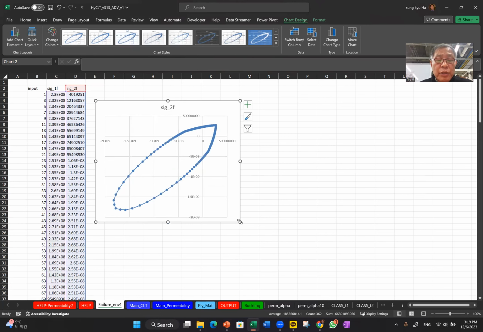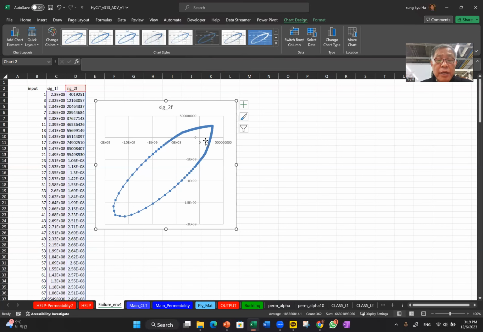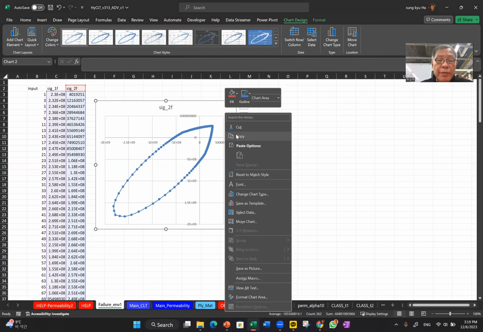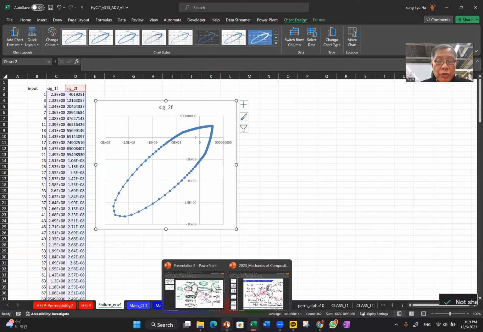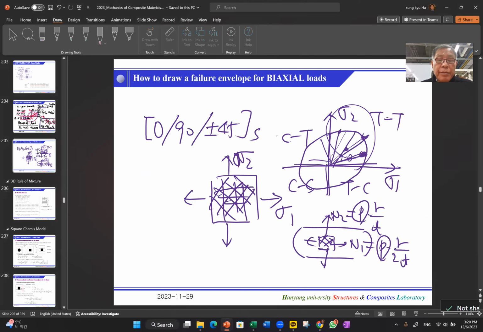And to better understand this failure envelope, it is always recommended that the x-axis this much scale, and then the y-axis scale better to be the same scale, so that we can graphically understand what the failure envelope looks like. Okay, so as you can see, I'm gonna just copy and put it into here.